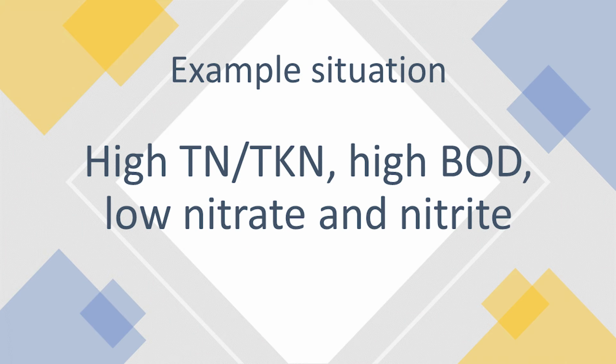Just a couple quick examples of what might be going on in a system. Let's say you have high TKN, high total nitrogen, but your nitrate and your nitrite are low, and you have high BOD. What's something that might be going on? Well, you have to first look, if you've got high ammonia or high TKN, is it organic or not? But let's assume that most of it's organic, inorganic ammonia, and you're getting low nitrate.